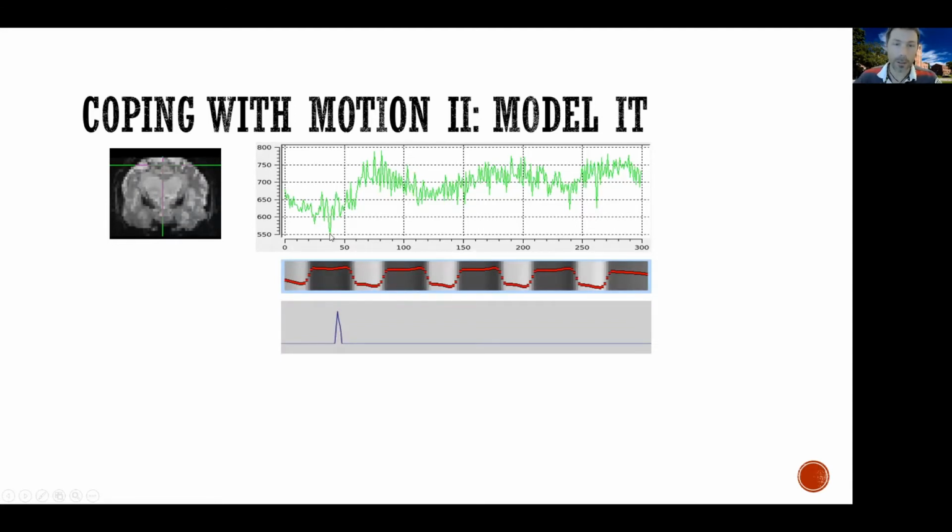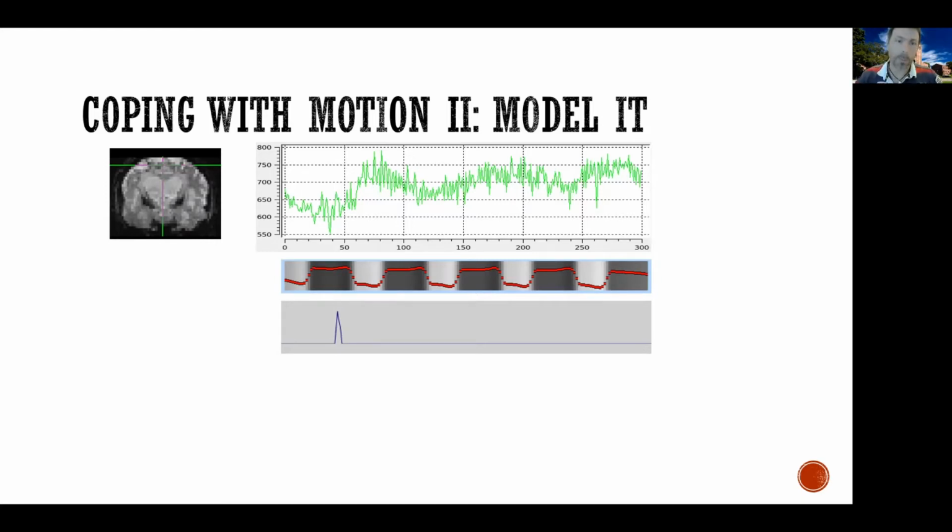So any change in the time series that happened exactly at this time point is about motion. It's not about anything else. So take it away. This way, we're explaining this big peak right here. It's a way of explaining things and removing them from what we can't explain.